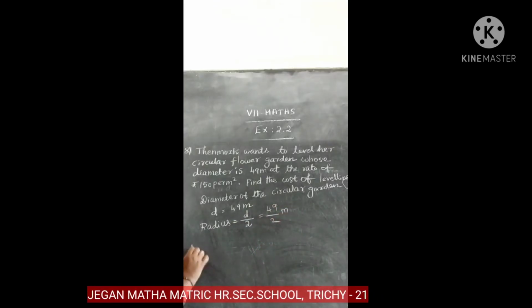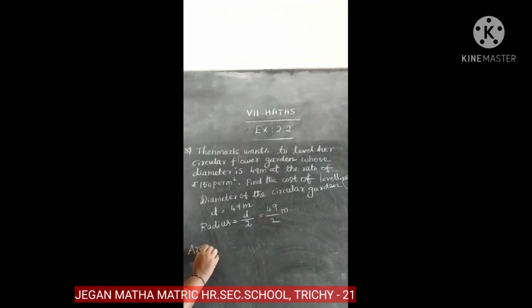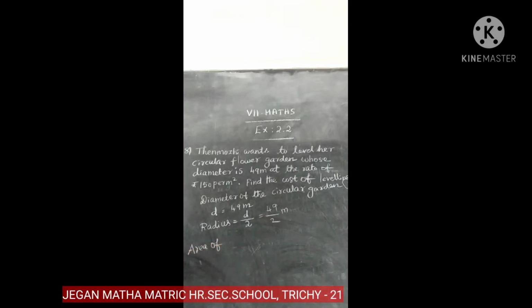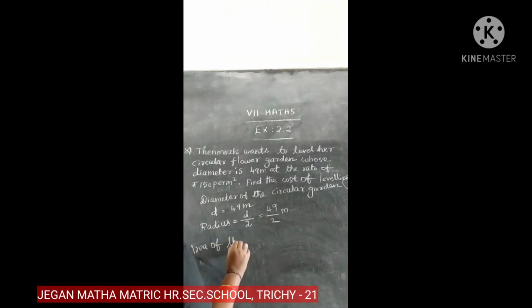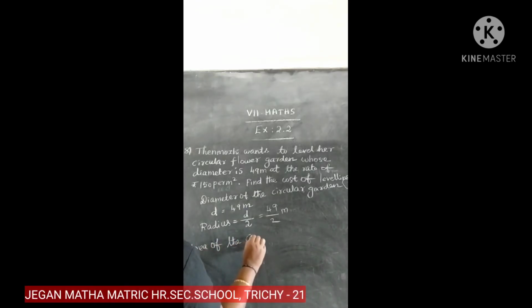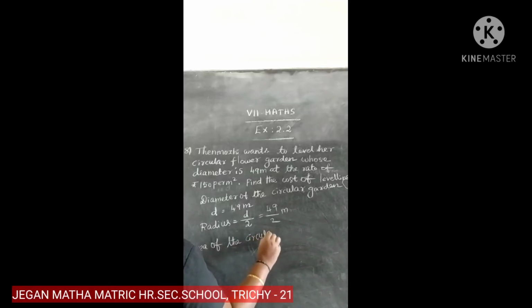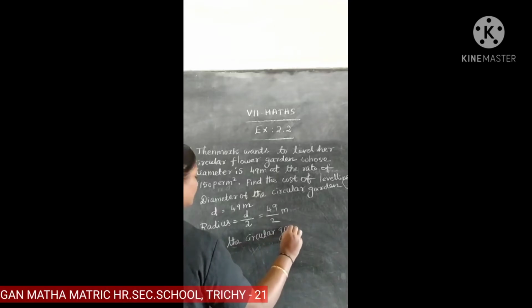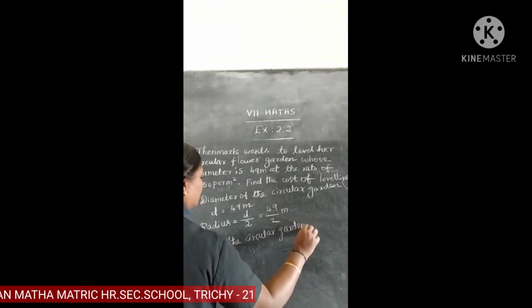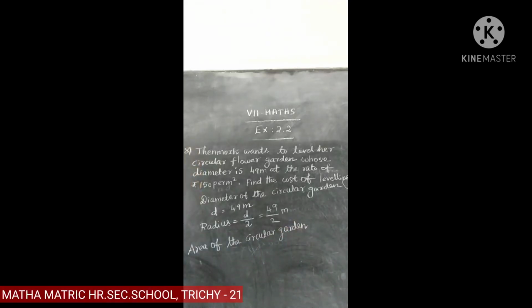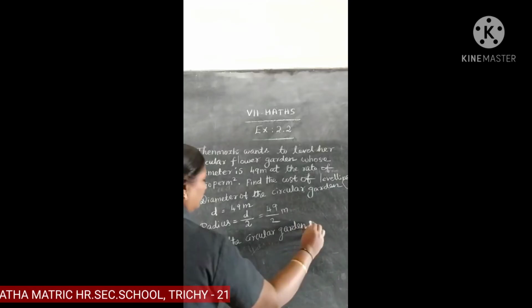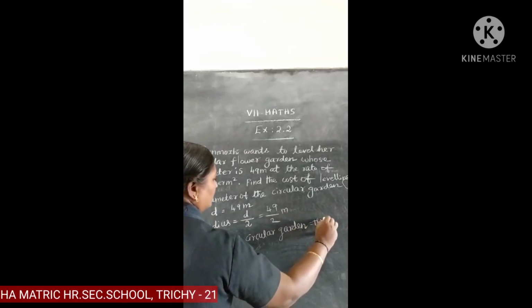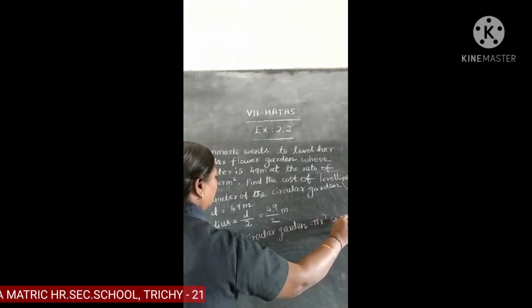Next we find the area of the circular garden. Area of the circular garden is equal to pi r square.